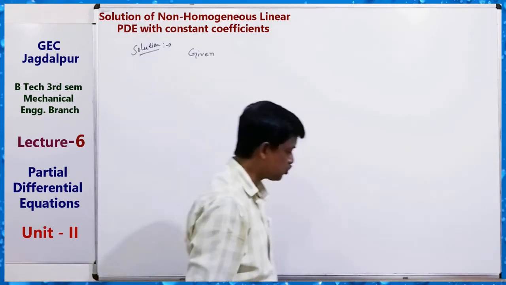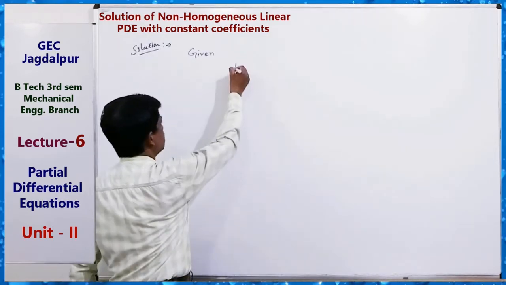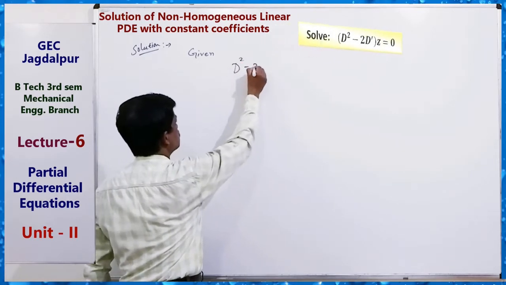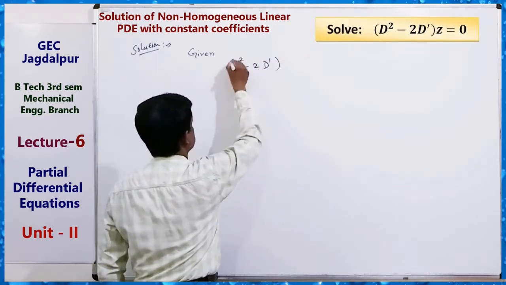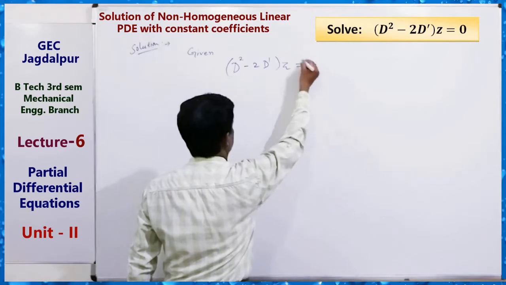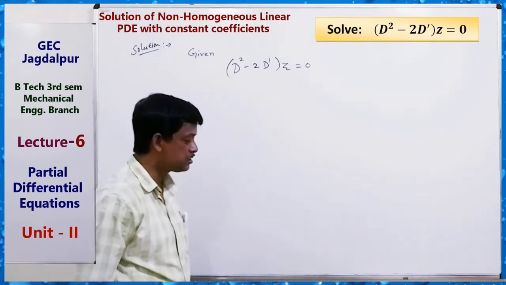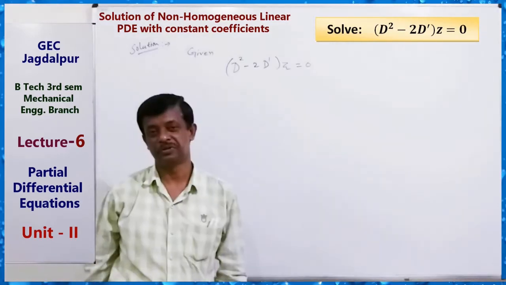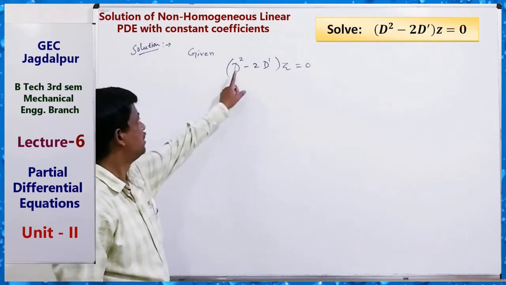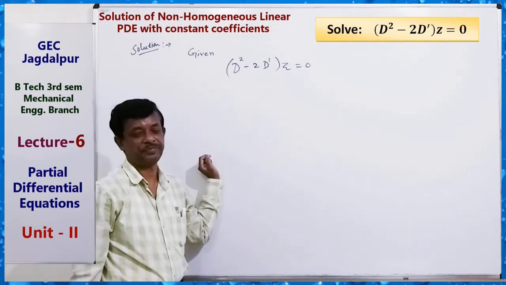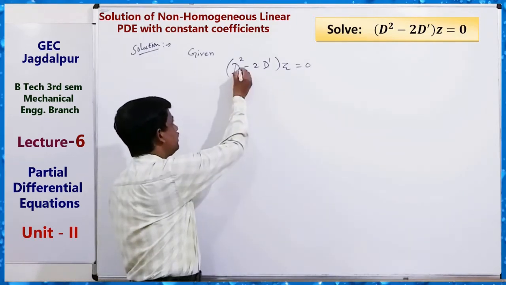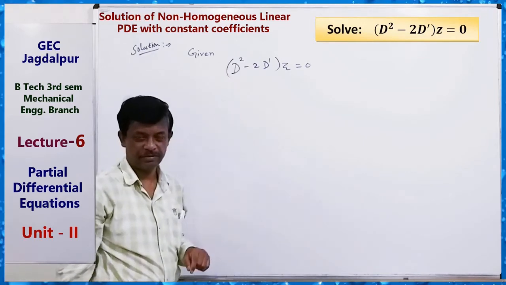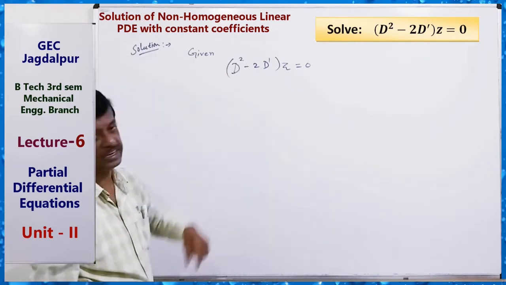D square minus 2D dash, given (D square minus 2D dash) Z equals to 0. D square minus 2D dash is a second degree expression in D, D dash.